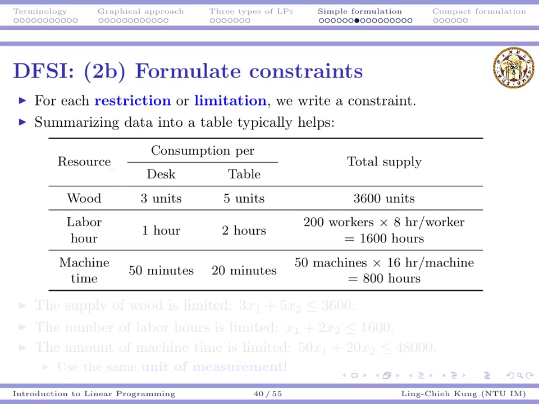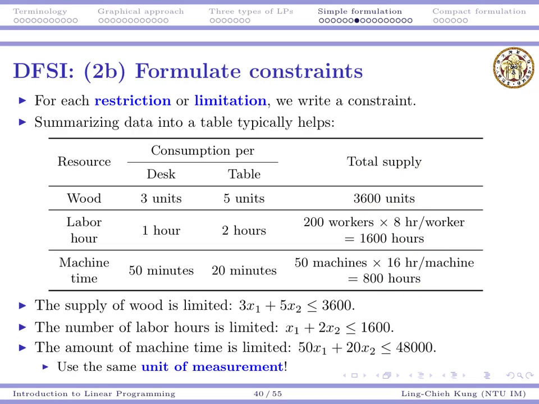We know that there are three different resources: wood, labor hour, and machine time. Also, there are different ways for desks and tables to consume these resources. For each desk, we need 3 units of wood, 1 hour of labor, 15 minutes of machine time, and for tables another way. And we also list the total supply: wood, labor hour, machine time.